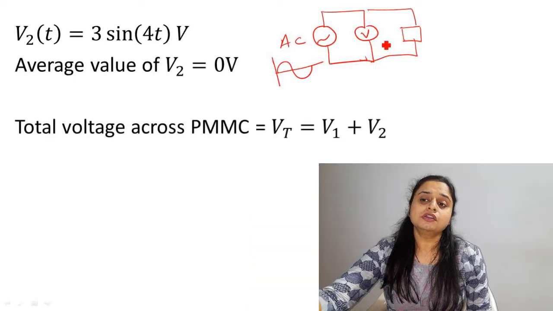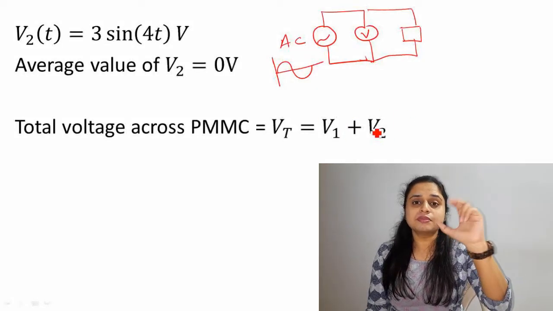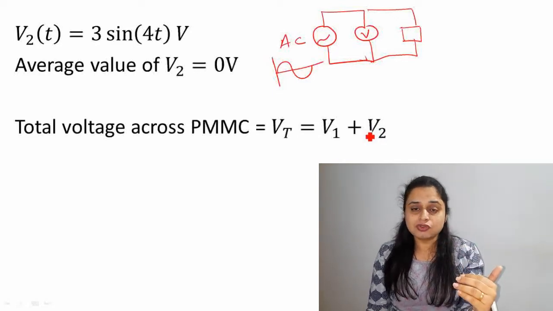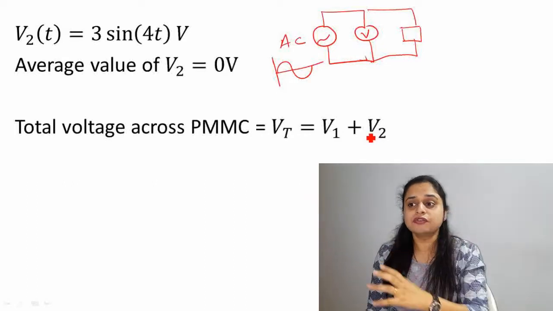Now what will be the total voltage across that PMMC? That is the addition of V1 plus V2, because it is the series combination of DC and AC voltage. So we have to add that voltage, V1 plus V2.